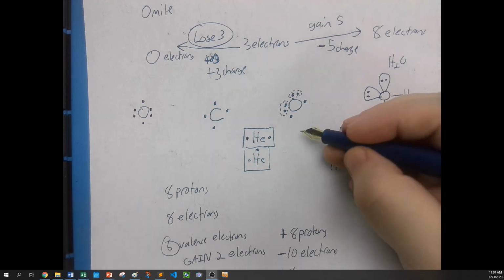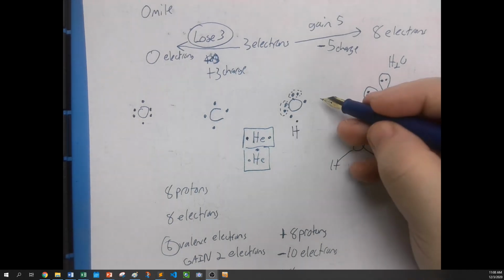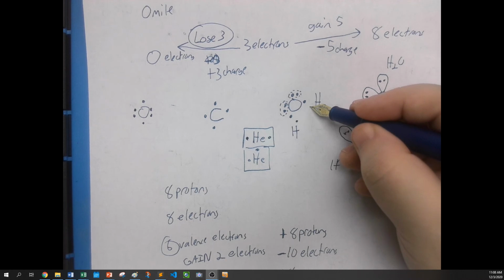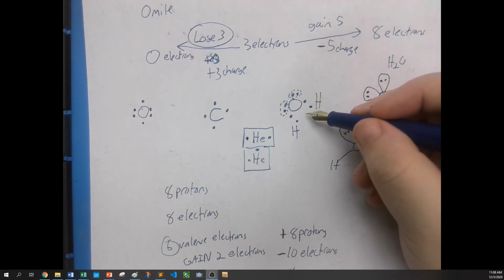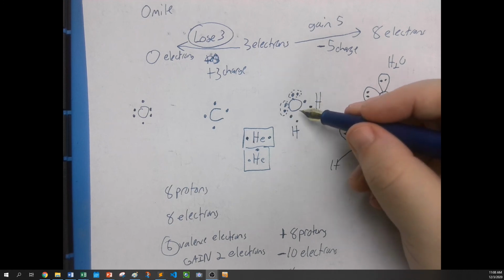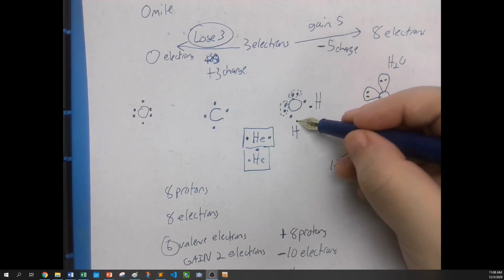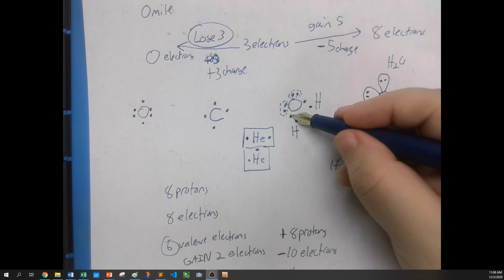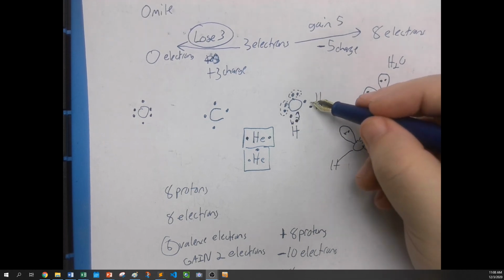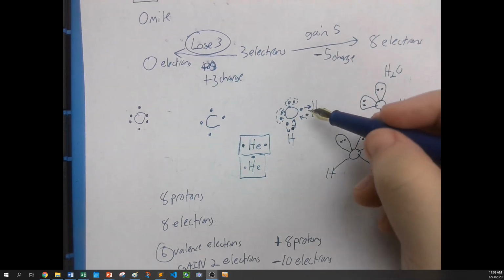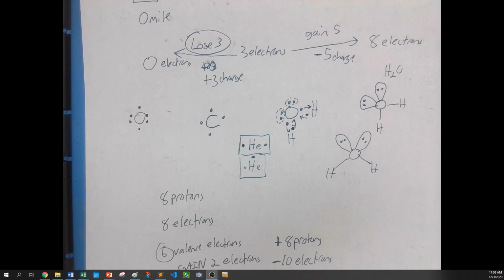So when you put hydrogen next to it, hydrogen really wants one additional electron. Oxygen really wants two. So you see that this electron and this electron are shared between them, and it becomes stable.